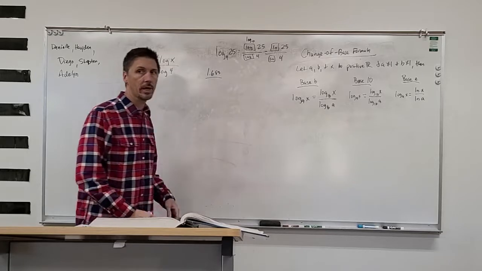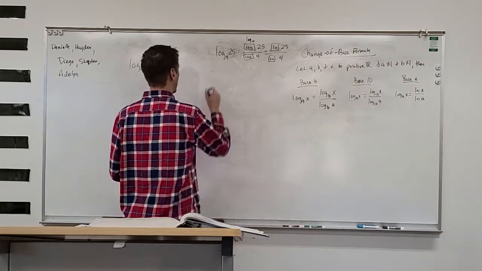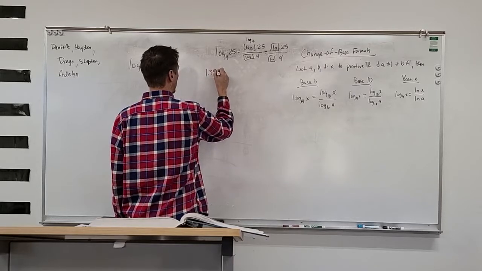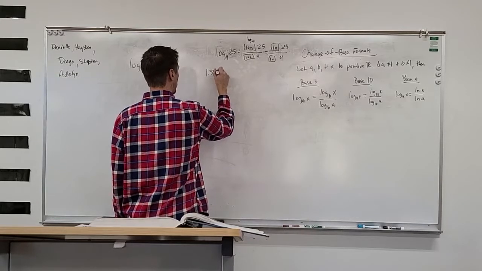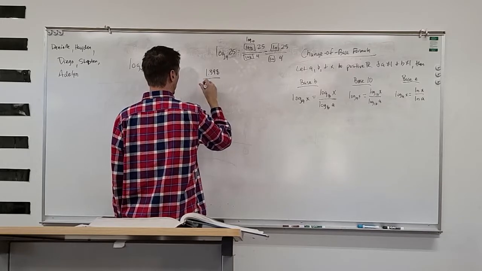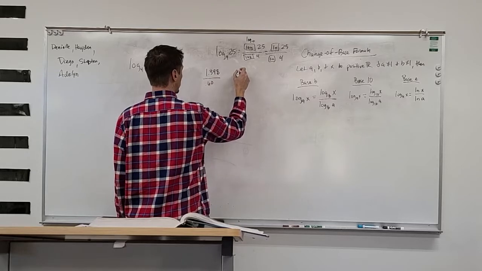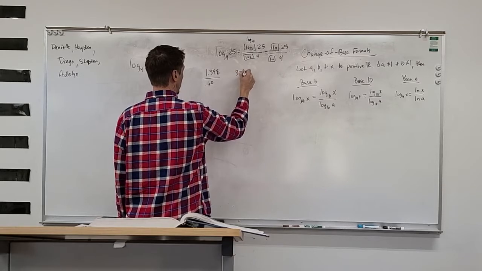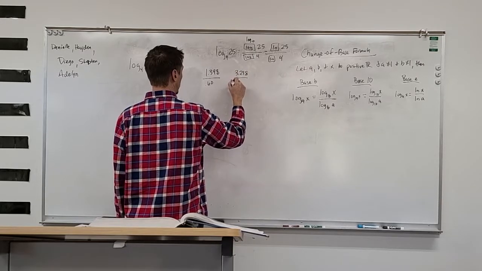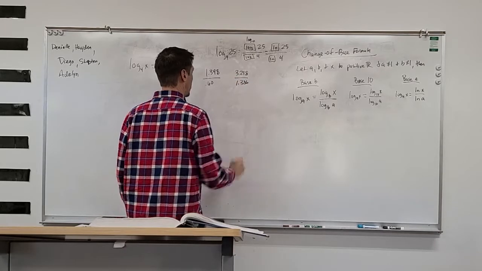So just log 25 without closing the parentheses is 1.3979. Okay, we'll just leave it at 1.398. Just give me 3 decimals. What's the log of 4? 0.60. All right, and then natural log of 25? 3.218. And natural log of 4? 1.386.